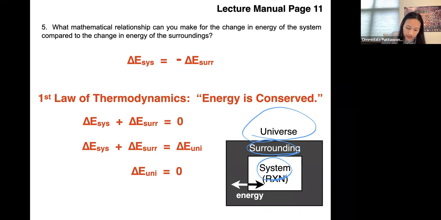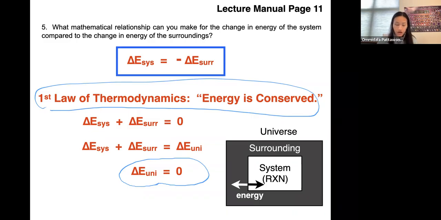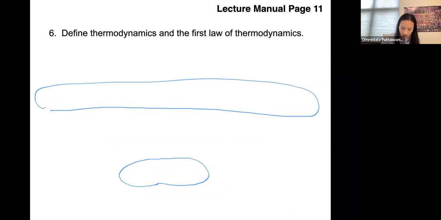The first law of thermodynamics states that energy is conserved, which is identical to the fact that the change of the energy of the universe will always be constant. It will never change, because it's just flowing from system into the surrounding, and vice versa. So this comes from that. This one right here is crucial, and we're going to carry this on to the next one as well.